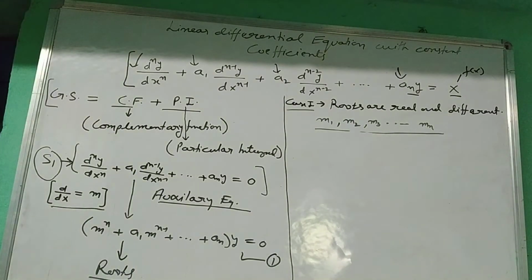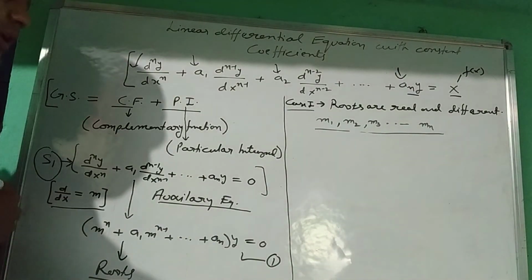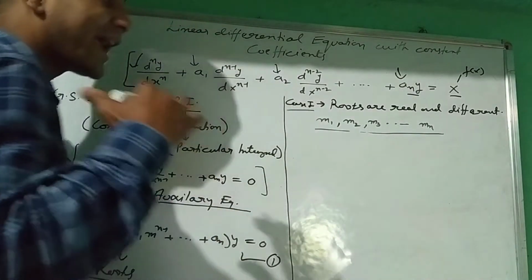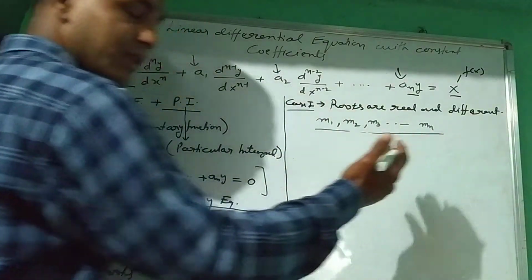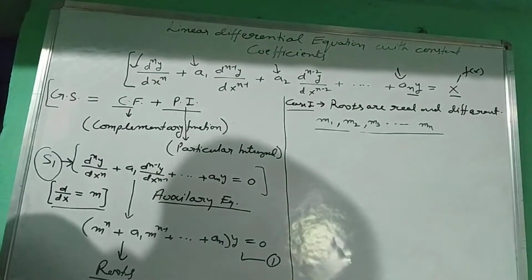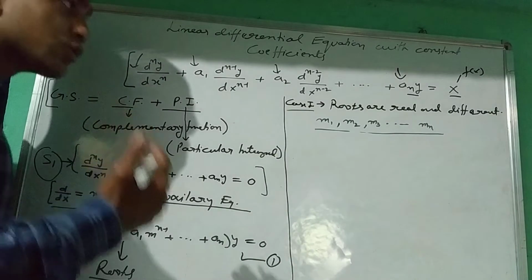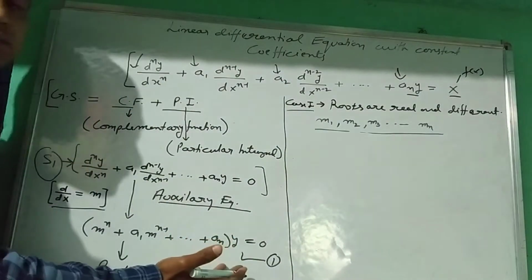Then the complementary function of this equation is, basically, since we have n roots, we have n linearly independent solutions of equation number 1.